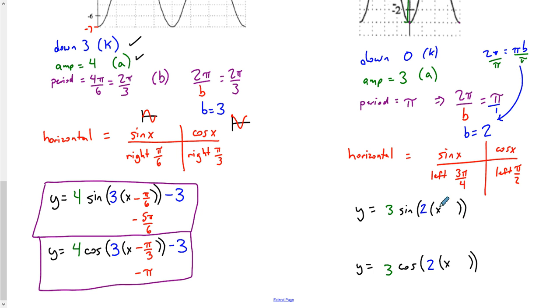The sine graph has moved left 3 pi over 4. To move left, because on the inside we do the opposite, we write it as addition of 3 pi over 4. For the cosine, it would be the addition of pi over 2. Because this has not moved up or down, we don't have to have anything on the outside here.